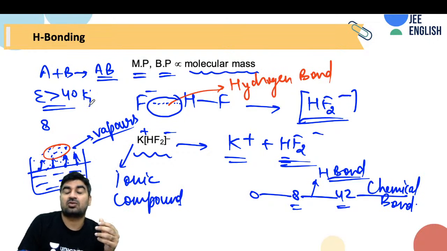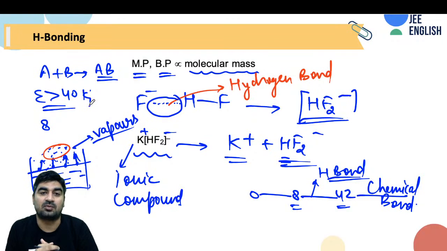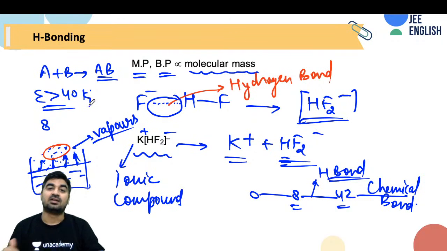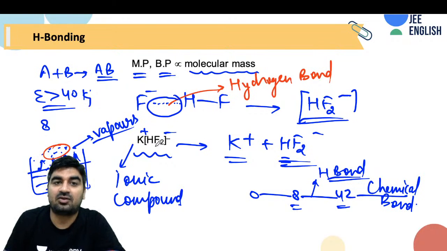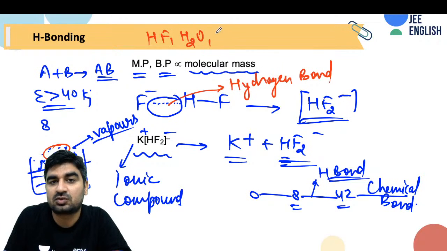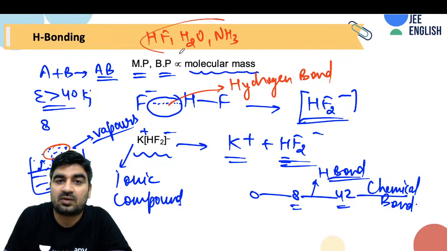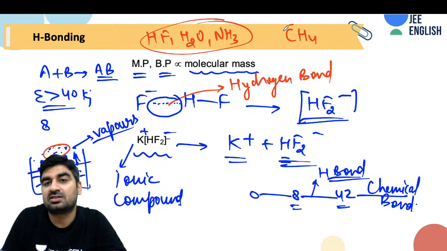Because of hydrogen bonding, you have to provide a larger amount of energy, and then I can say that its boiling point will be higher. So hydrogen bonding exists in HF, H2O, and NH3. That's why they have very high boiling point, but it does not exist in CH4.